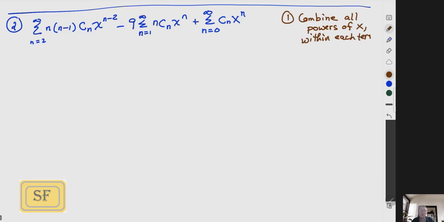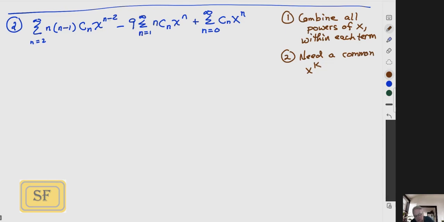We don't need to do that here. And then the second rule is we need that common x to the k. So the variable can really be anything that you want it to be, but it needs to be consistent.